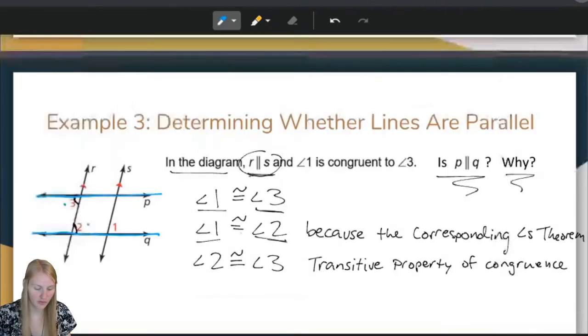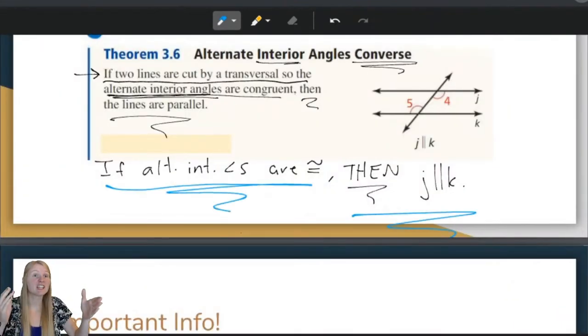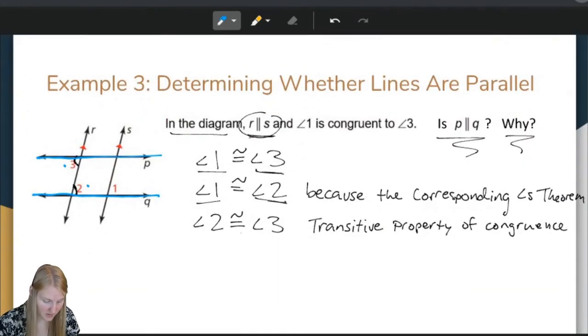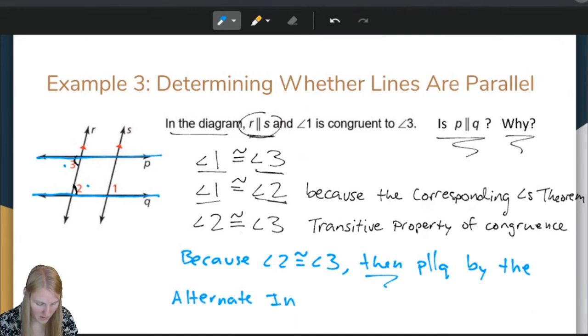And hey, if alternate interior angles are congruent, then the lines are parallel. So, because angle 2 is congruent to angle 3, then P is parallel to Q by the alternate interior angles converse.